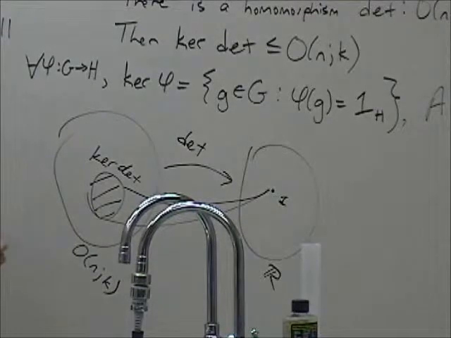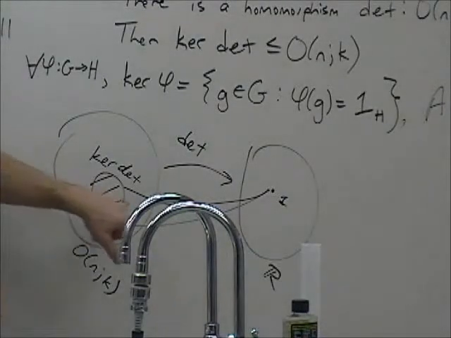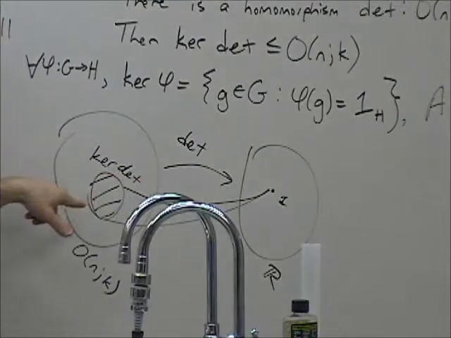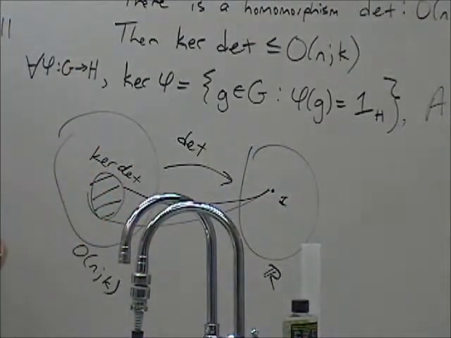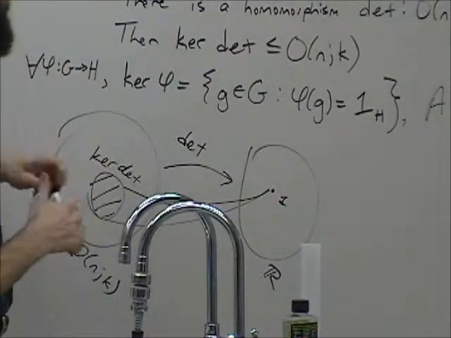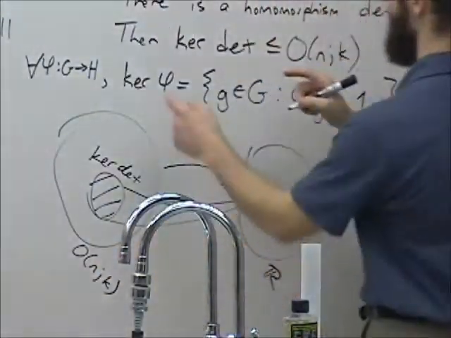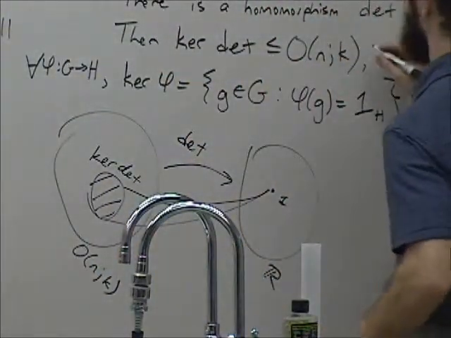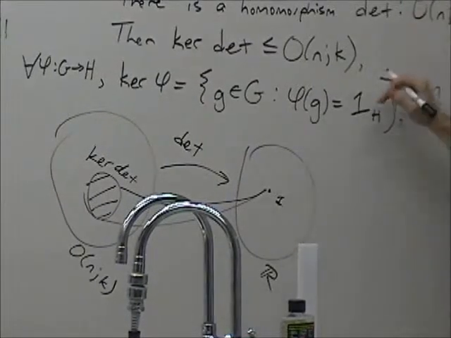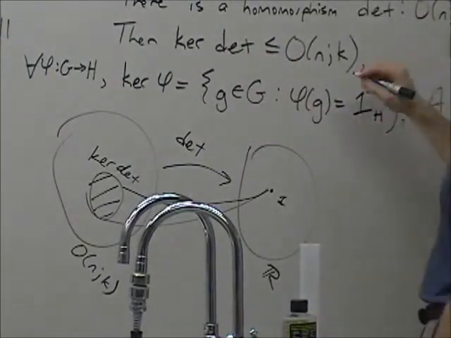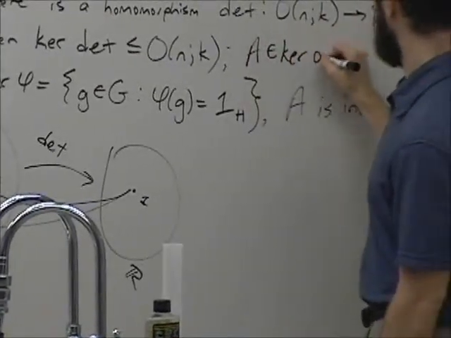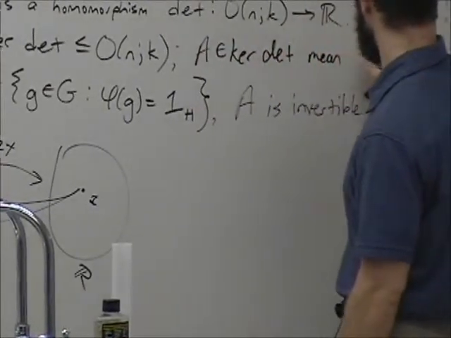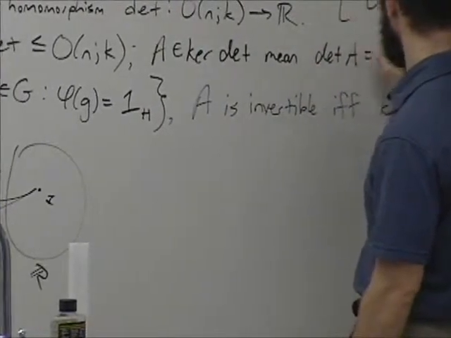All right, so if I look at the kernel of the determinant, that's everything that has determinant 1. It's everything that when I take the determinant map of it, it takes it to 1. So that means that the determinant of A is 1. So saying that A is in the kernel of the determinant means determinant A equals 1.